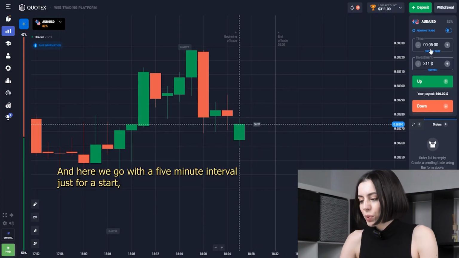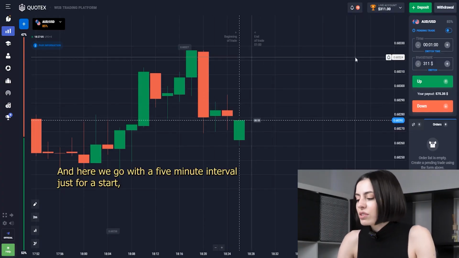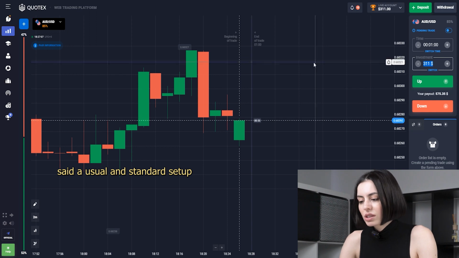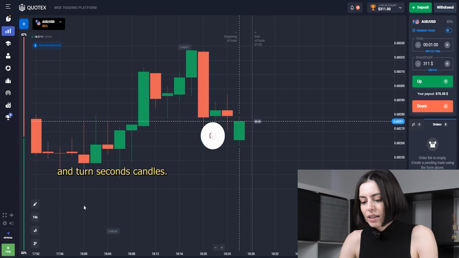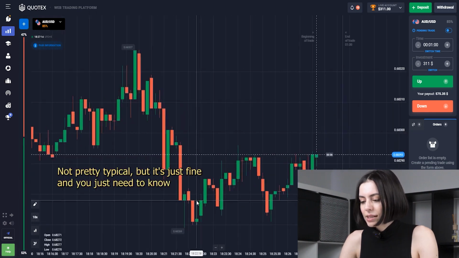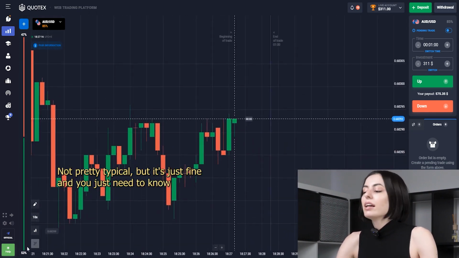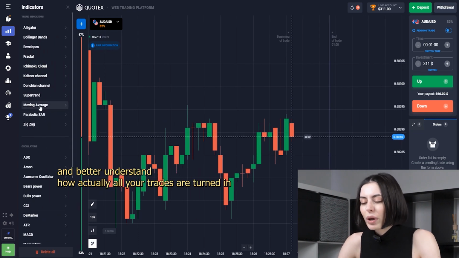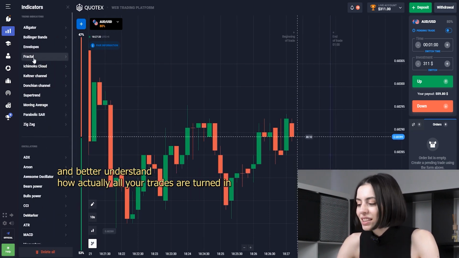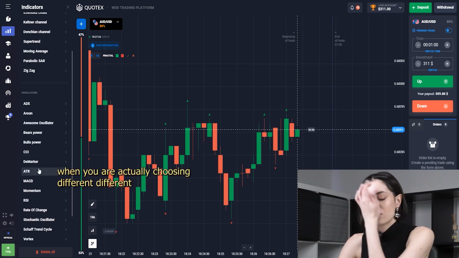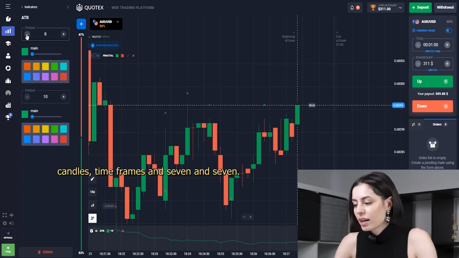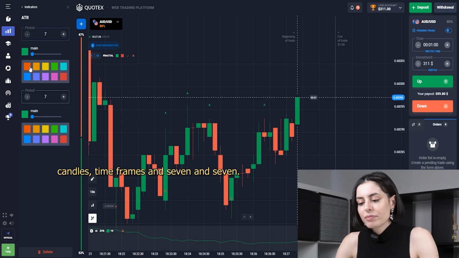And here we go with the 1 minute interval just for a start, such a usual and standard setup. And 10 seconds candles, not pretty typical, but it's just fine. You just need to better understand how all your trades are changing when you are choosing different candle time frames.